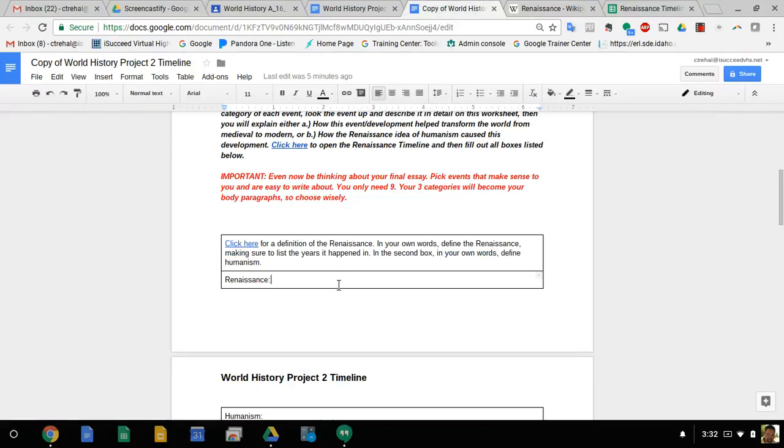So I would say the Renaissance was a cultural movement that happened in Europe from 1300 through 1700, and it transformed Europe from medieval to modern culture, something like that. So that's what I would put for the Renaissance.